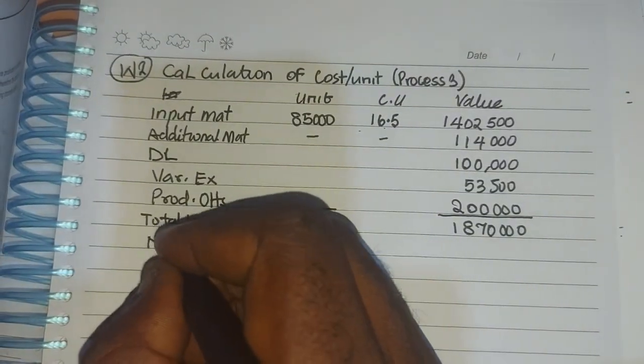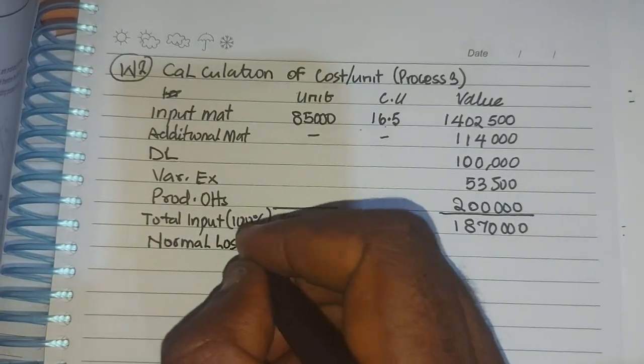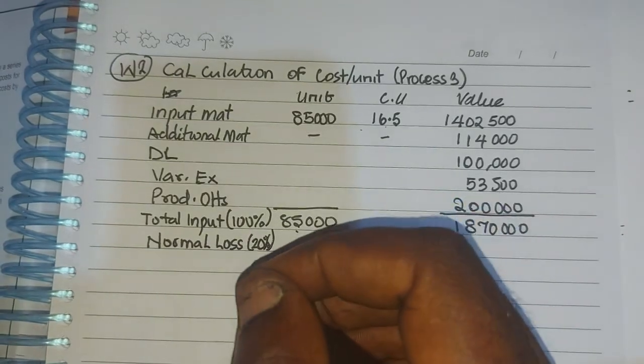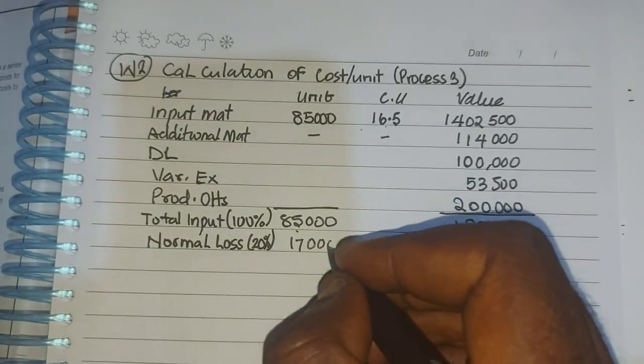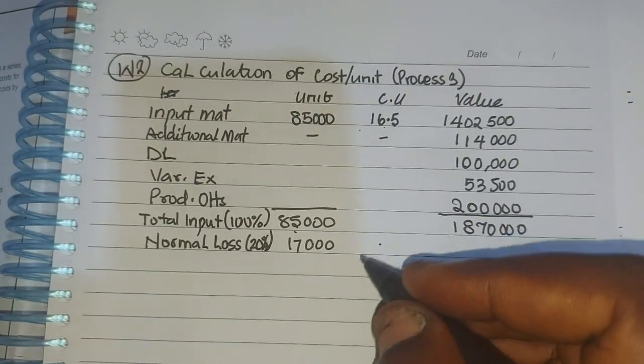Therefore, our normal loss is 20%. So what is 20% of 85,000? That's 17,000.